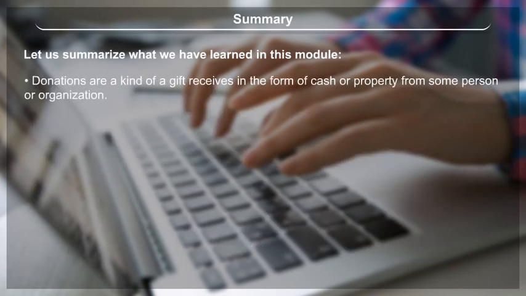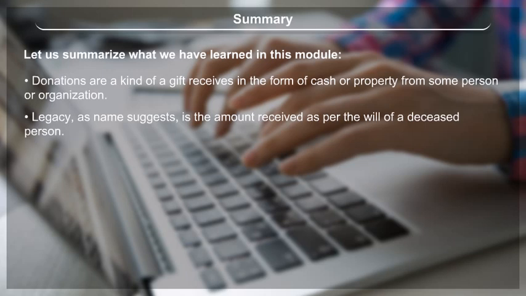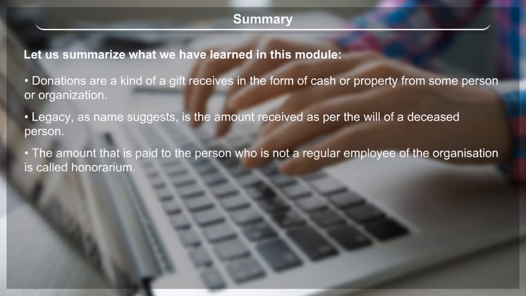Donations are a kind of gift received in the form of cash or property from some person or organization. Legacy, as the name suggests, is the amount received as per the will of a deceased person. The amount that is paid to a person who is not a regular employee of the organization is called honorarium.